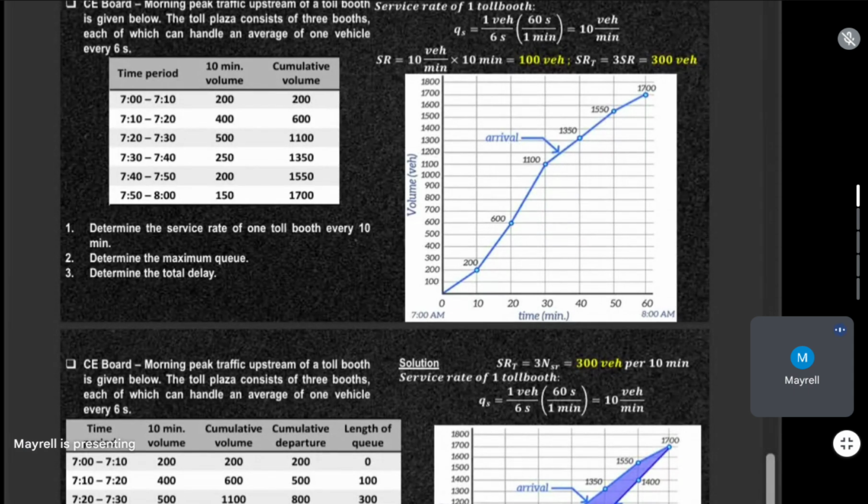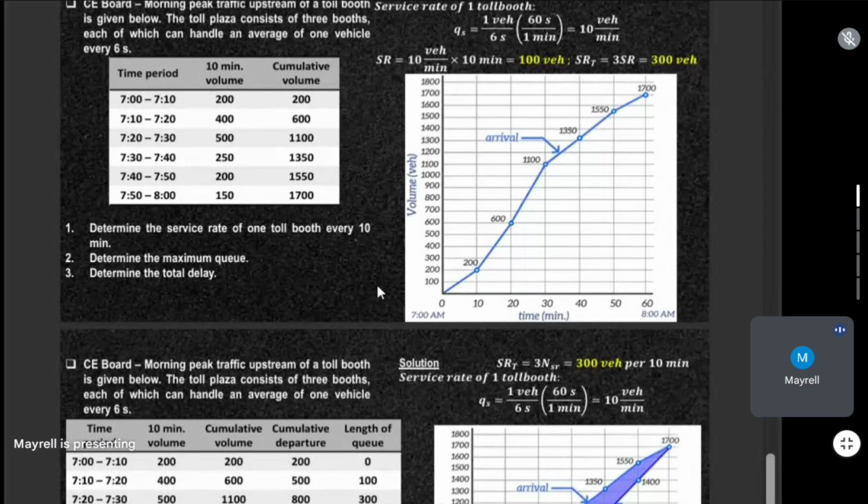So morning peak traffic upstream of a toll booth is given below. The toll plaza consists of 3 booths, each of which can handle an average of 1 vehicle every 6 seconds.